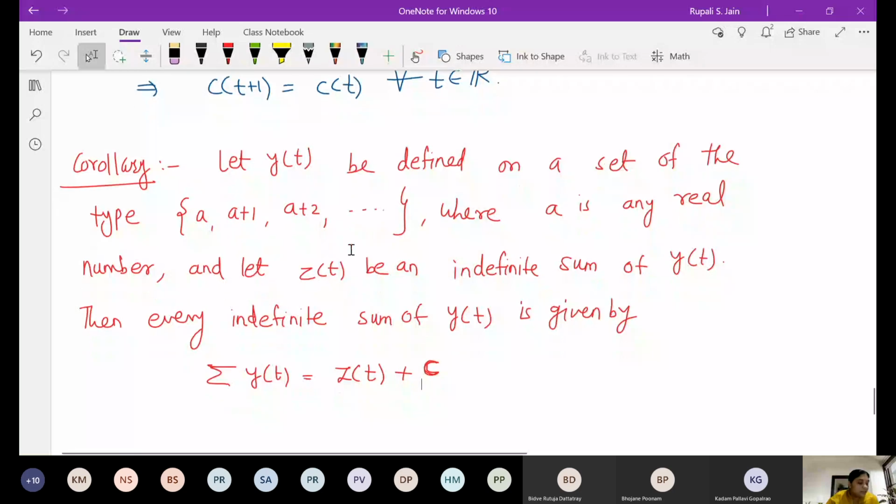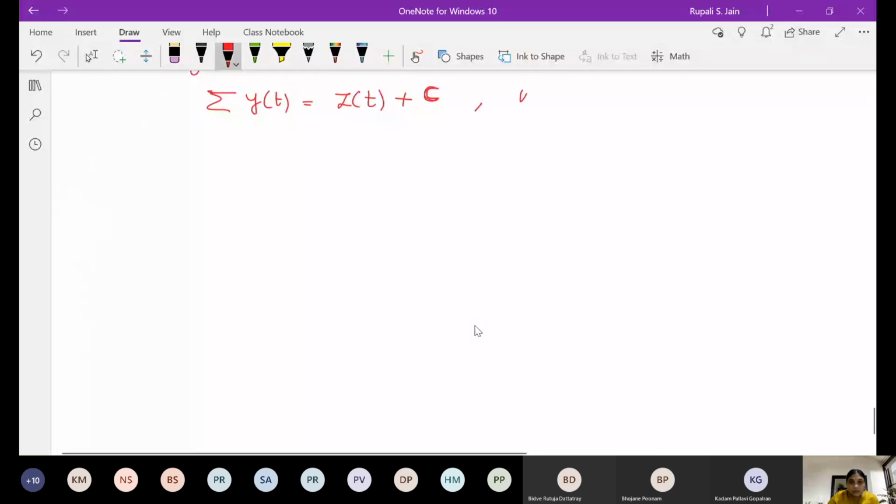So I will get here C, where C is an arbitrary constant. So my domain of definition is integers, then I have the indefinite sum as summation y t equal to z t plus constant C. So that c of t will reduce to C if my domain of definition is integers. Is that okay? Yes, ma'am. Now we will go to the theorem.